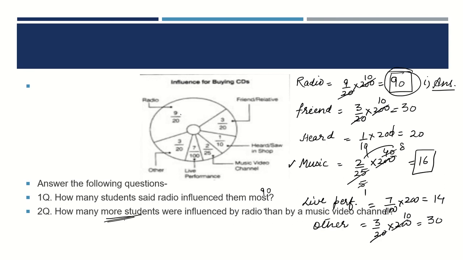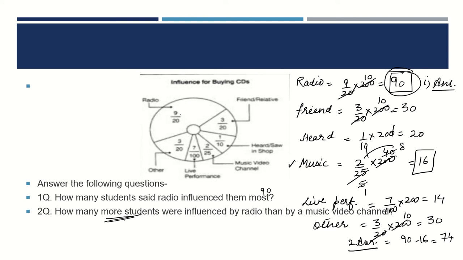So how many more students were influenced by radio? So answer will be 90 minus 16. I am writing second answer here. 90 minus 16. Calculate this and you will get the answer. Is it correct? Check this.